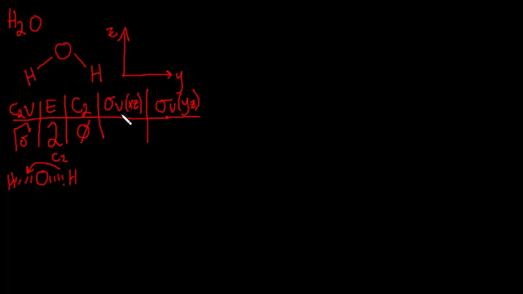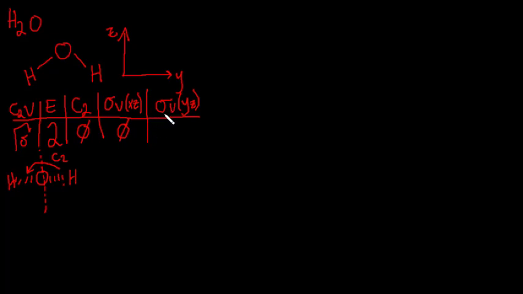In the case of a sigma V, this is a mirror plane along the XZ plane. So remember, the x-axis is coming out of the board, and so we're looking at the mirror plane that is cutting through the water molecule, and we have both protons, one on the right and one on the left of the mirror plane. In this case here, both hydrogens exchange locations, and we would assign this a 0.